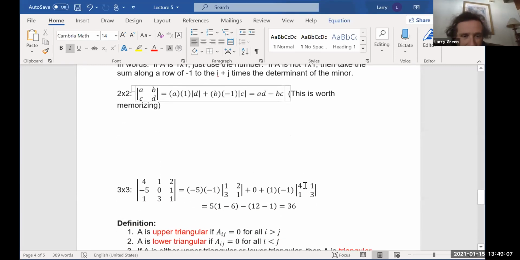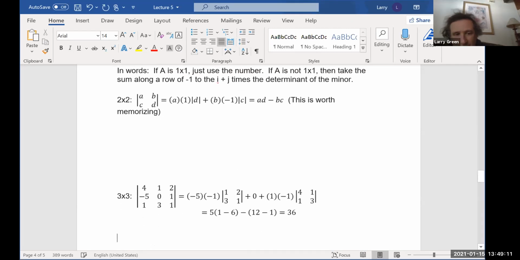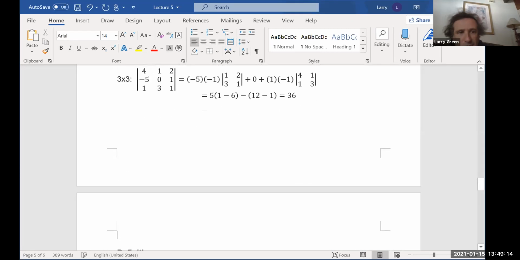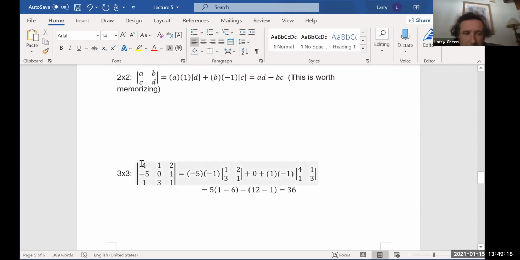Okay, so let's look at a 3 by 3. Okay, so here's a 3 by 3, and it's 4 1 2, -5 0 1, 1 3 1. And what I want to do is find the determinant.